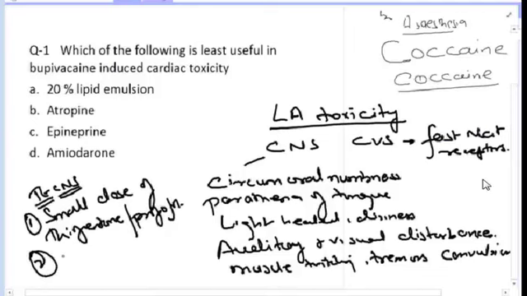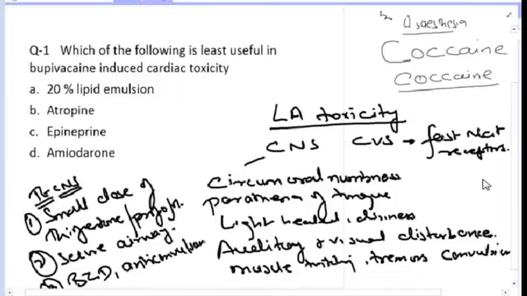Then secure the airway, benzodiazepines and anticonvulsants. Anticonvulsants are given so that recurrence of the convulsions can be prevented. Benzodiazepines and anticonvulsants, for example levetiracetam, phenytoin, you can give these drugs.